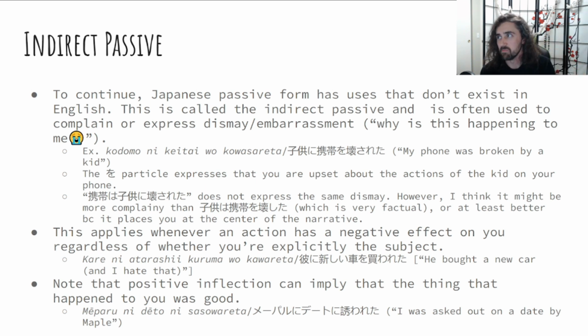Maple ni deito ni sasawareta. Like, Maple asked me out on a date, right? Or you could say, oh, Maple ni deito ni sasawareta yo. Like, yeah, Maple asked me out on a date. Woo! It can go either way. It depends on the inflection, right?